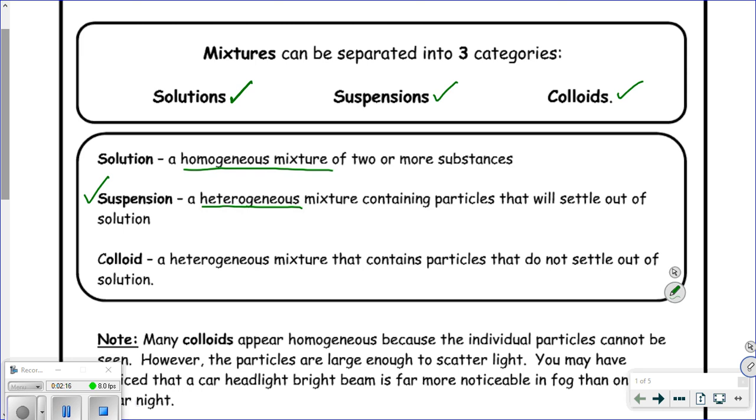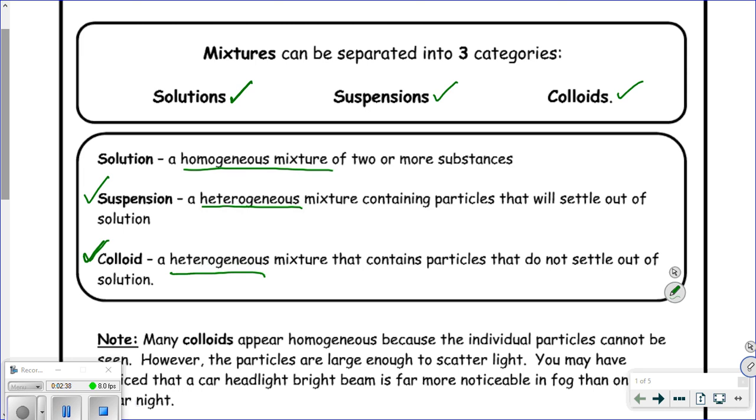Now a colloid is a heterogeneous mixture as well. But those don't actually settle out of solutions. Milk's actually a great example. Milk is a colloid.